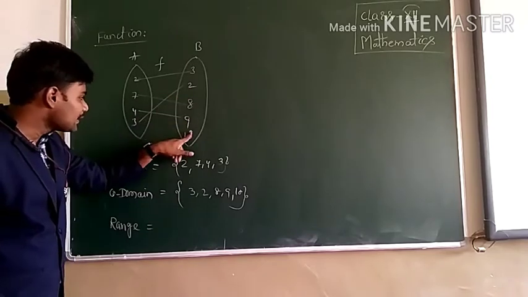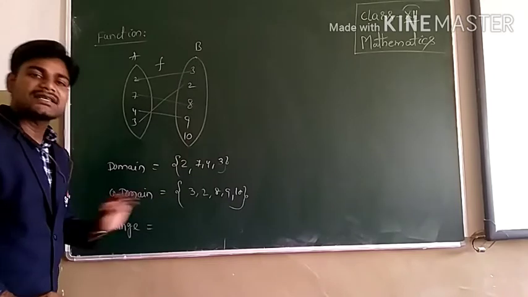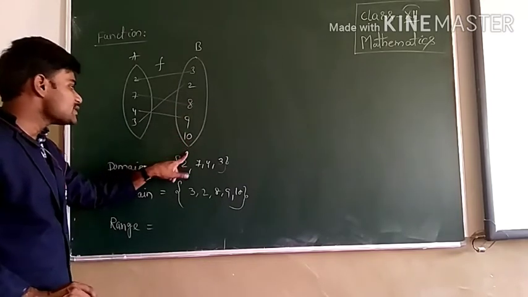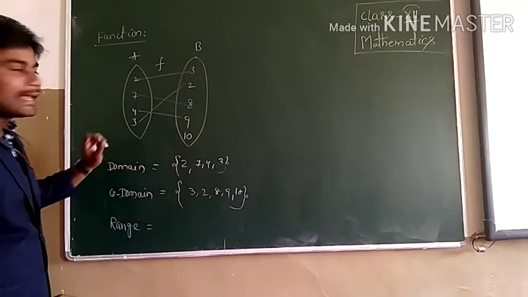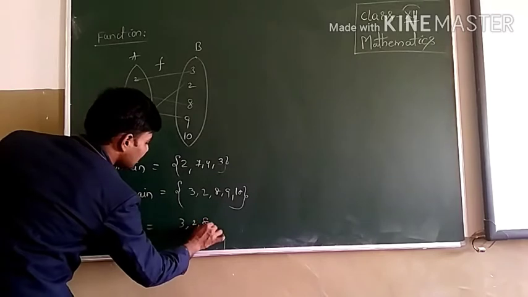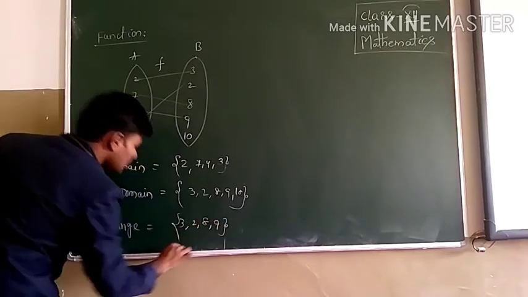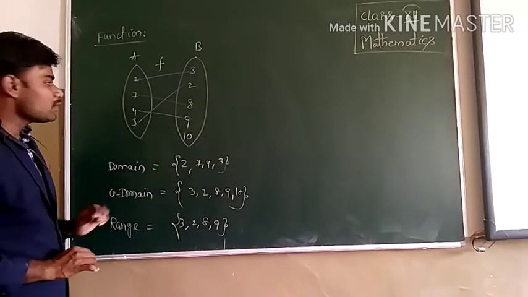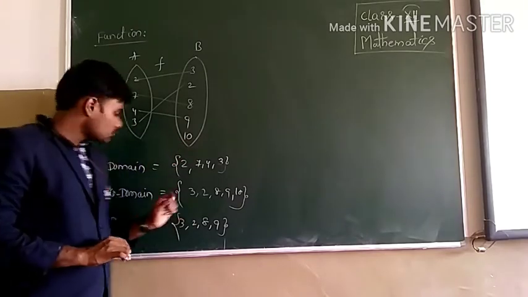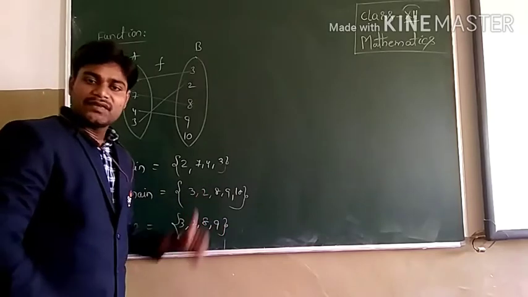But 10 does not come under the range of the function because the element 10 is not an image of any element in set A. So that's why the range is 3, 2, 8 and 9 only. Don't write 10 in the range because 10 is not mapped with any element in set A. So this represents the range of the function.